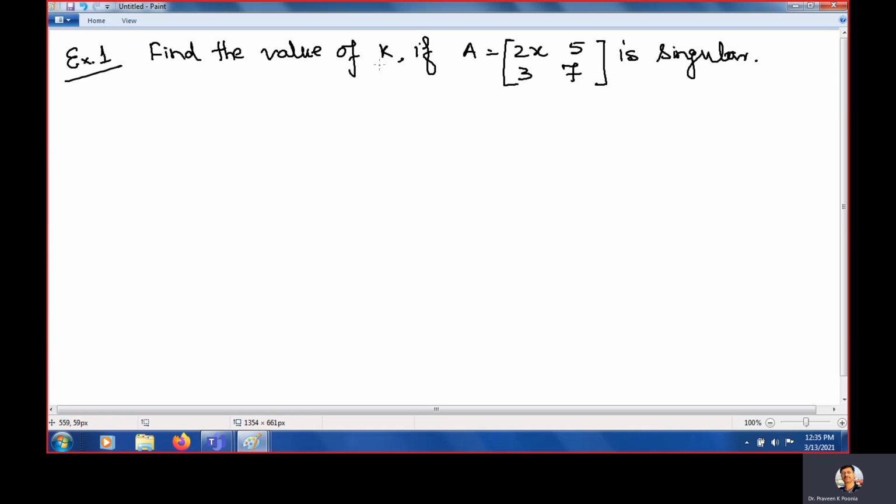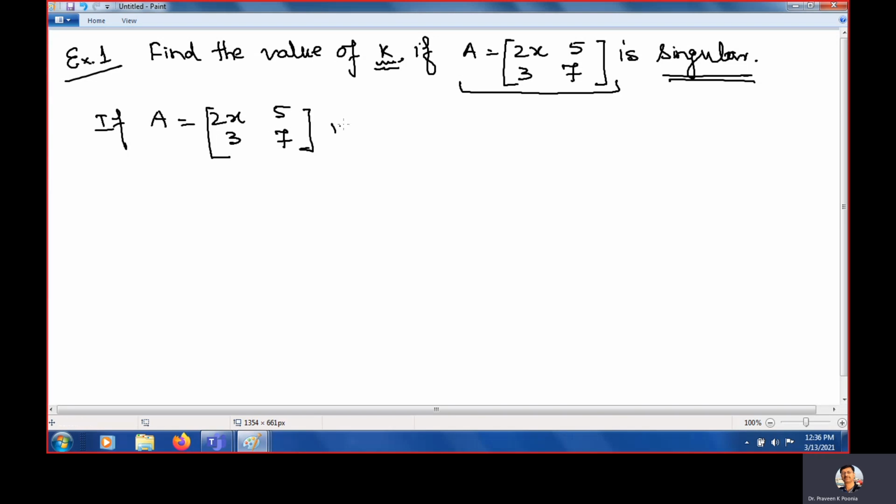The question is you need to find the value of k if the given matrix is singular. And please remember what is given: the matrix A equals 2x, 5, 3, 7 is singular.